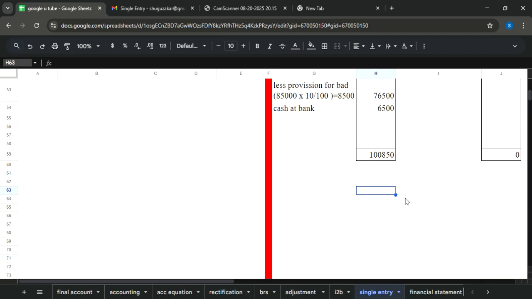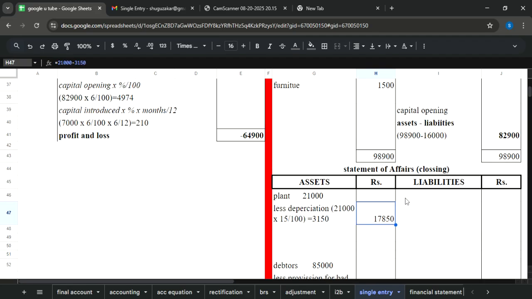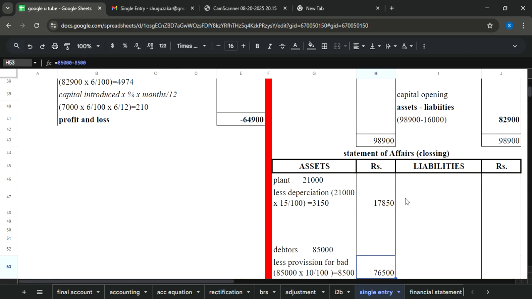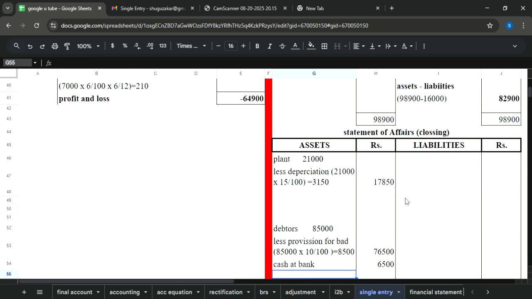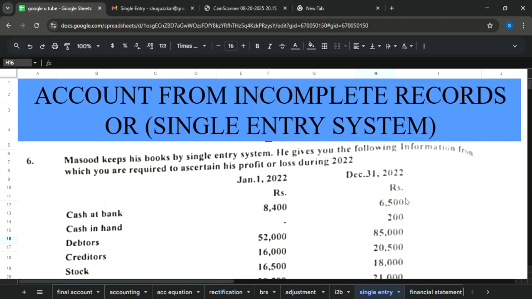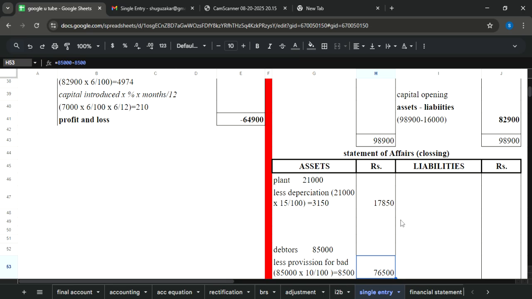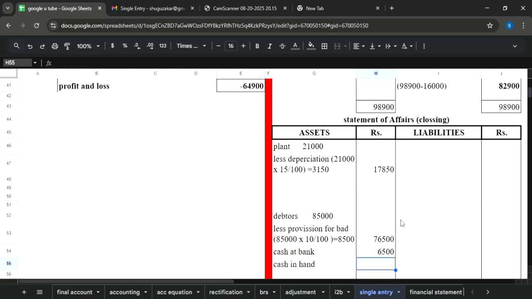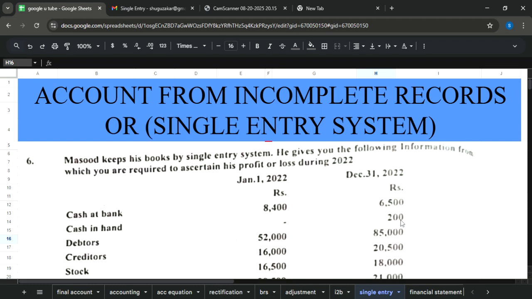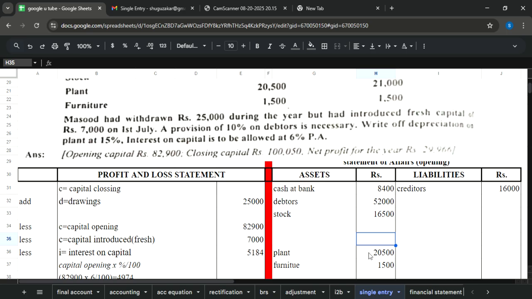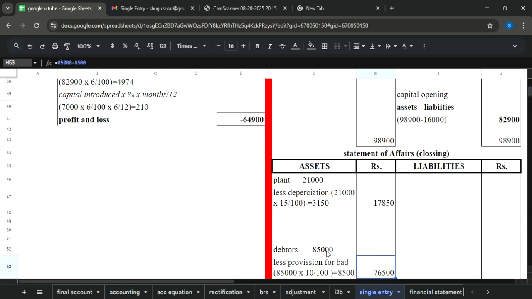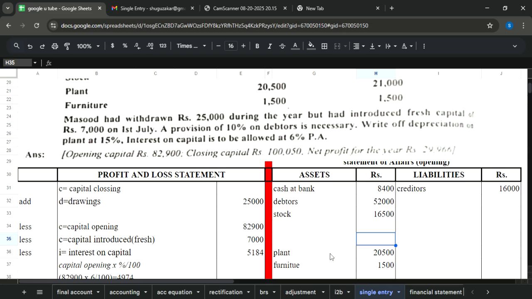This would also be written over here. Amount of cash in hand given is 200. So just write down 200 in the closing asset side. After cash in hand, we have debtors 85,000. I think we have already written. Look at here, debtors, because its adjustment was present, so no need to write again.